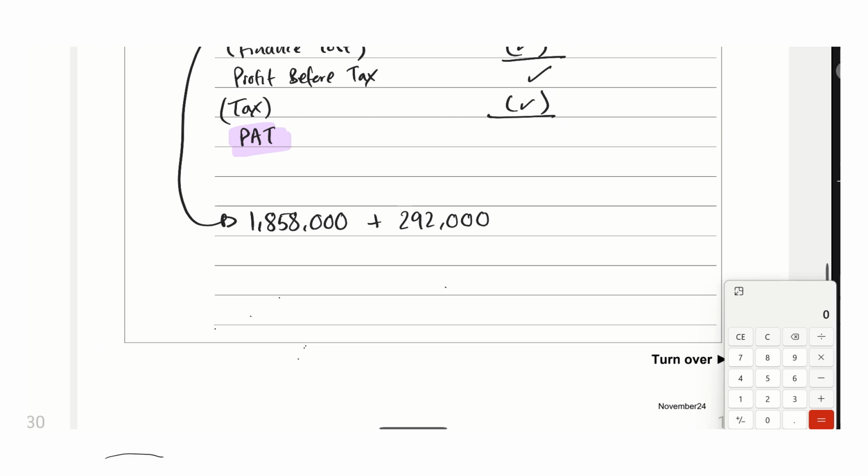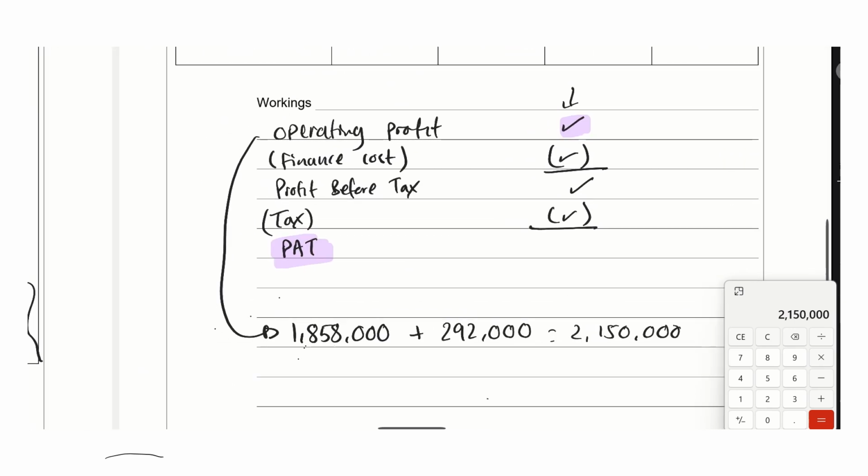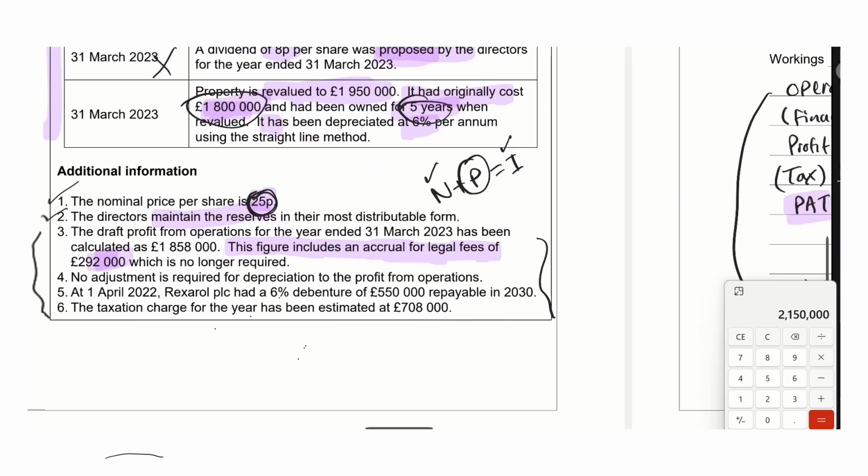So if you don't need the expense, it's going to increase your operating profit. So let's pop that in the calculator. So that gives you 2,150,000. So now we can pop this in our operating profit. So we can put 2,150,000.